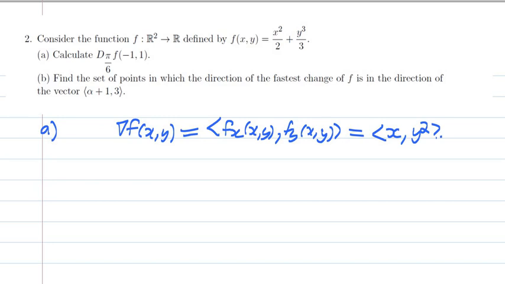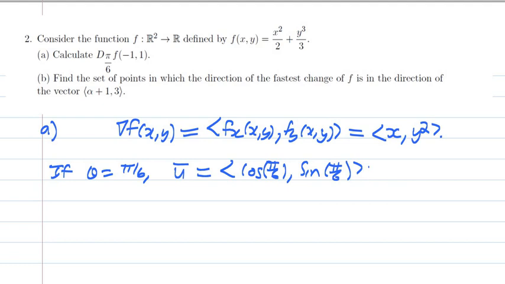Alright, but now if the angle is pi over 6, we get the unit vector u, which is given by (cos pi over 6, sine pi over 6). And cos pi over 6 is the value root 3 over 2. Sine pi over 6 is the value of a half.